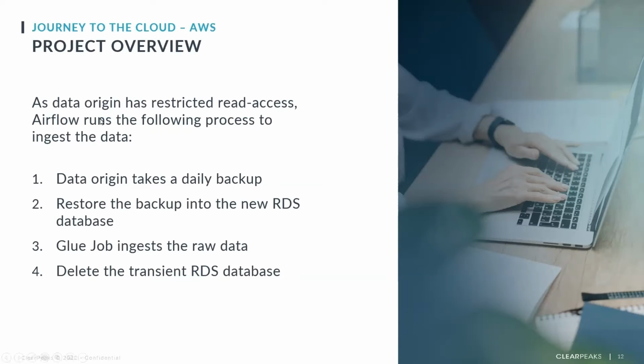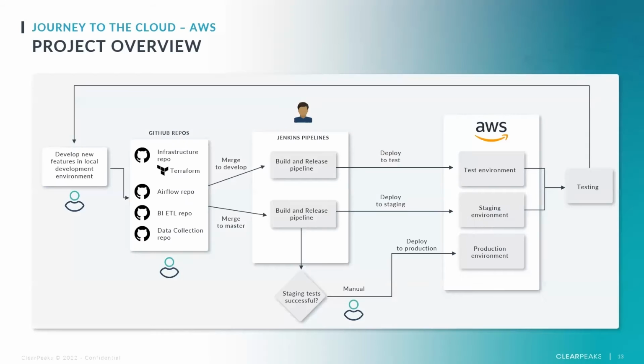All of this process is implemented by Airflow. So as you will see here, there are some transient resources created on the way by Airflow. We'll again come back to this process later.